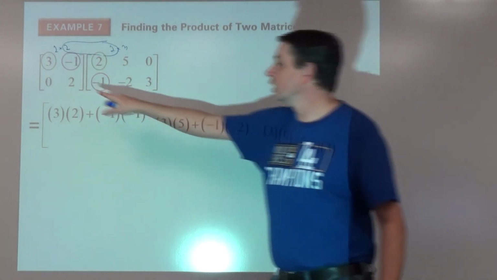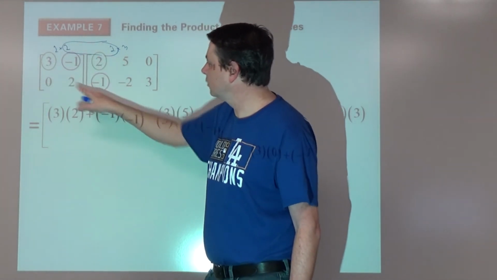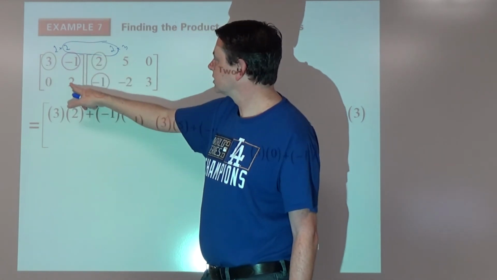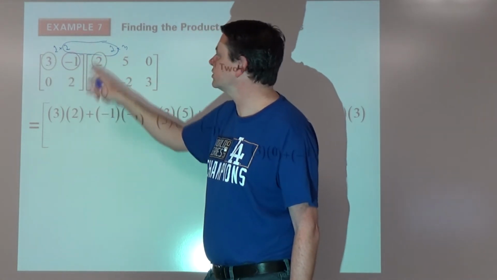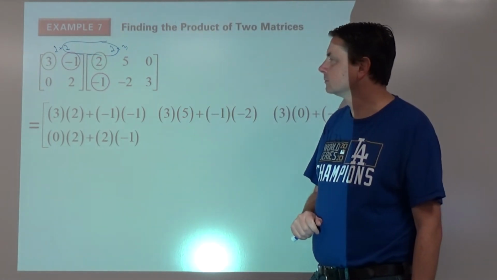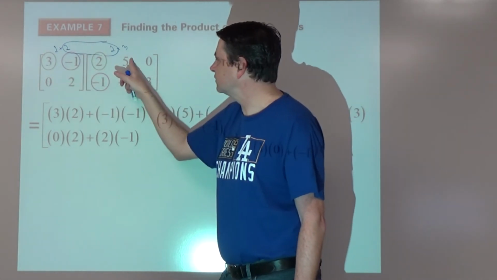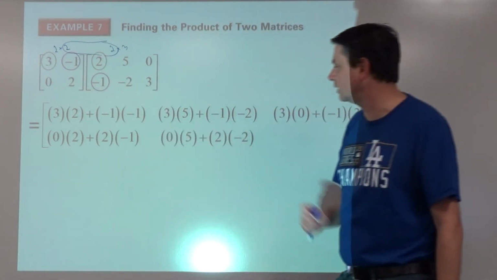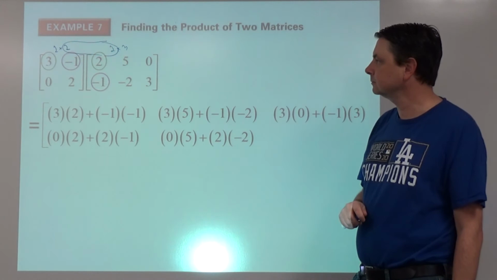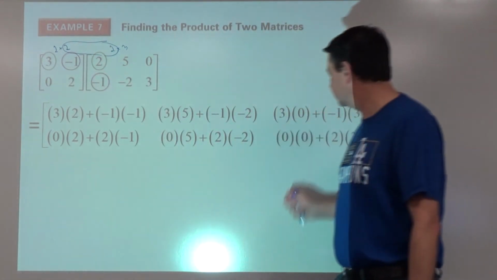Move on to row 2. So row 2, column 1, first and first, second and second. 0 times 2, 2 times negative 1. Row 2, column 2, 0 times 5, 2 times negative 2. Add them together. 0 times 0, 2 times 3.